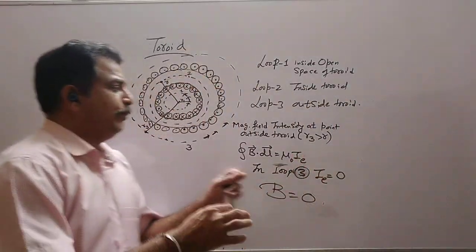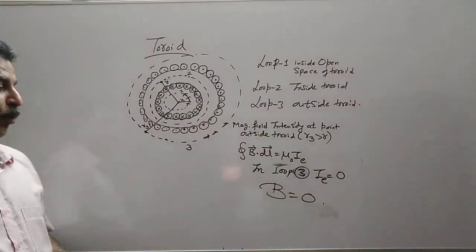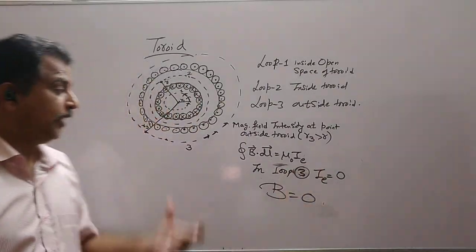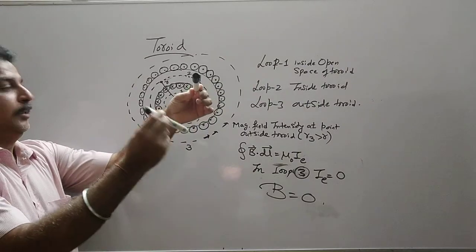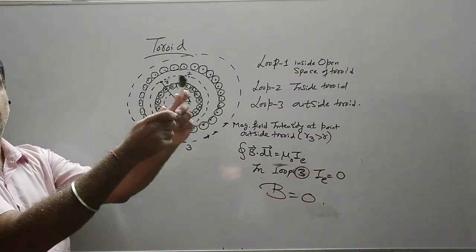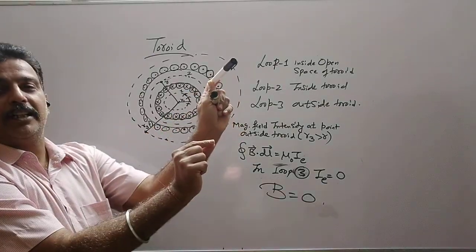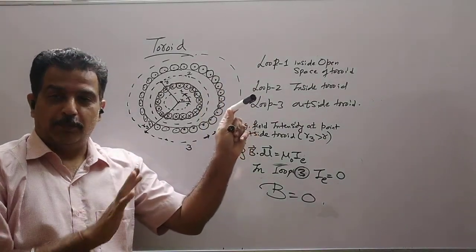Or simply you take a point. If you find difficulty in understanding the direction of the current, simply take these two wires. In one wire, take current inward. In this wire take it outward. Now suppose the question is, find the magnetic field intensity at this point. You apply the right hand thumb rule individually.